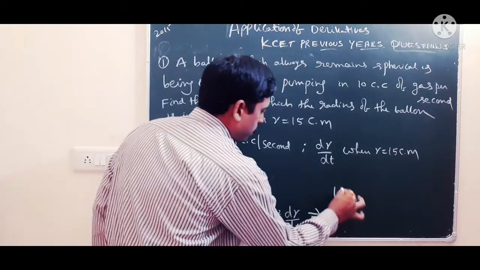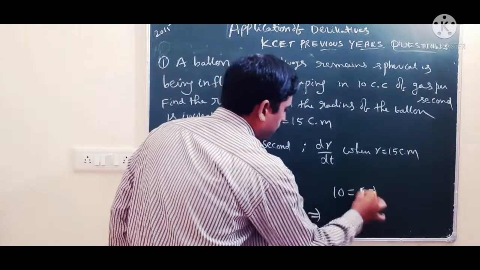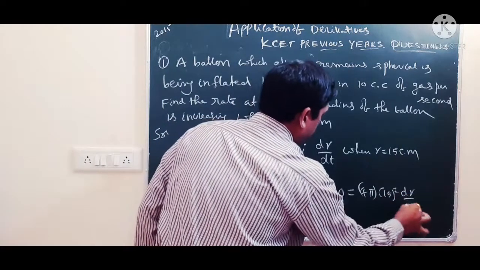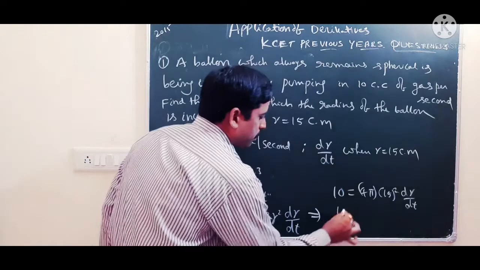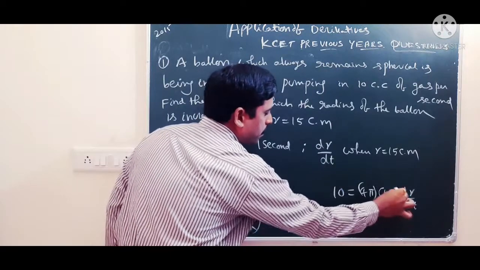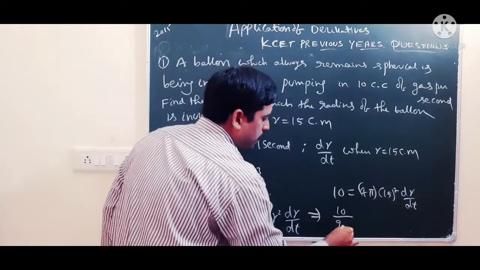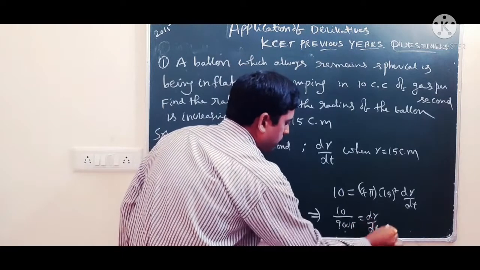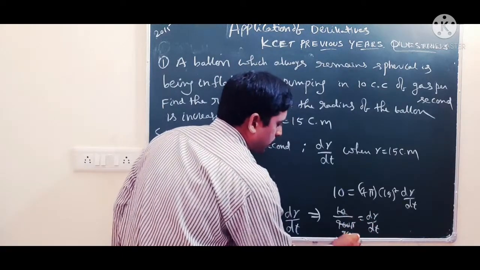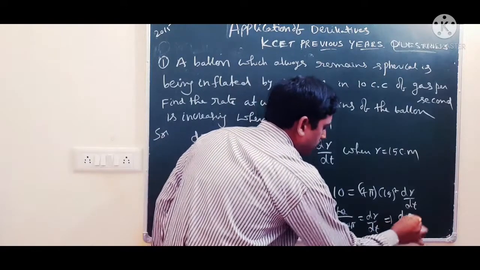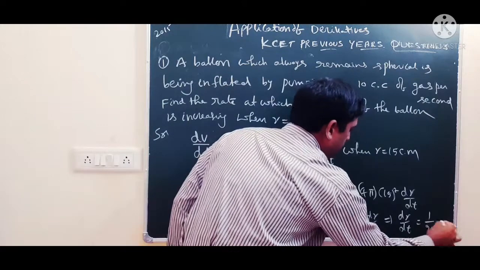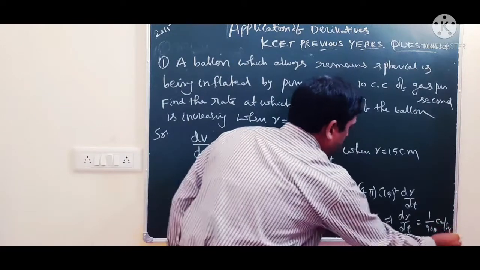So 10 is equal to 4 pi into r value 15, 15 whole square, into dr by dt. This value will be 10 by 15 whole square into 4 pi, which is 900 pi, equal to dr by dt. So 10 by 900, the zero cancels. So the answer is dr by dt equal to 1 by 90 pi centimeters per second.